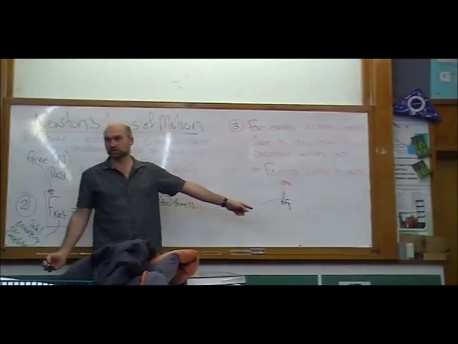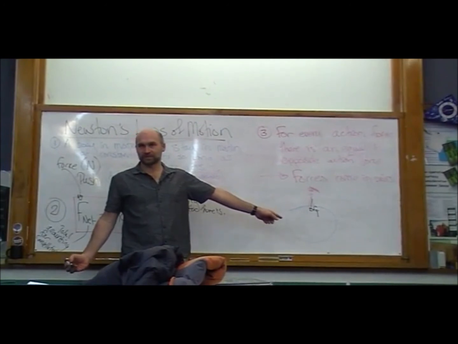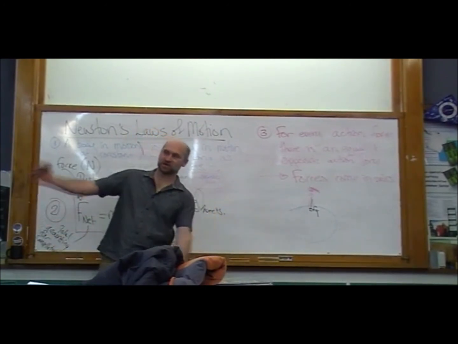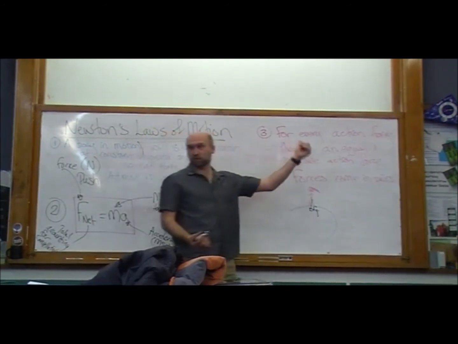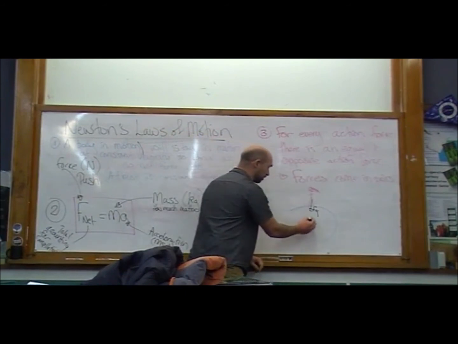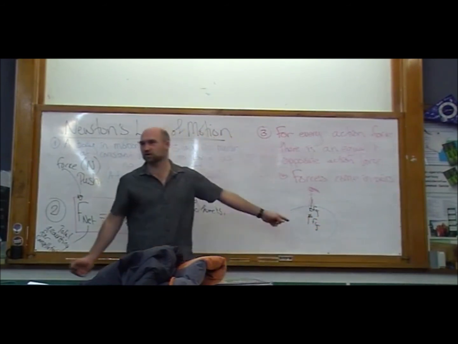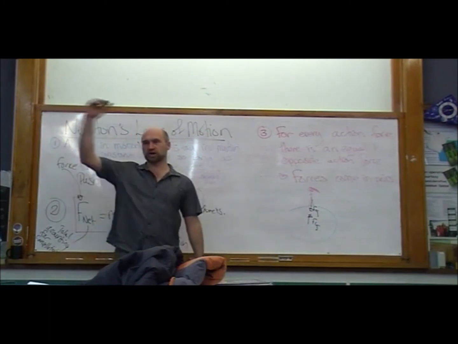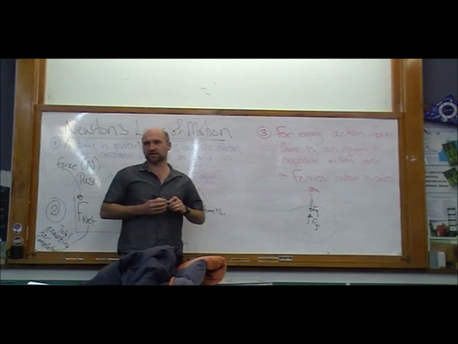What's the other force? This is where it's really complicated, right? Earth pulls you down because it's got mass and you've got mass. You pull Earth up with an equal and opposite force. Why doesn't Earth move? When you jump off a building, why doesn't Earth rise up to meet you at the same rate?